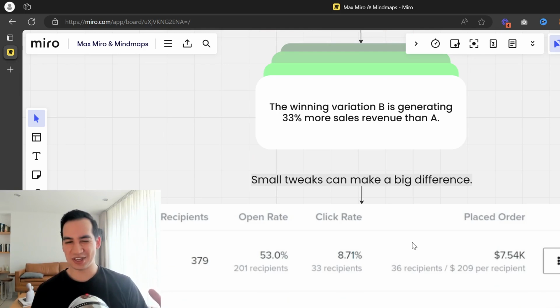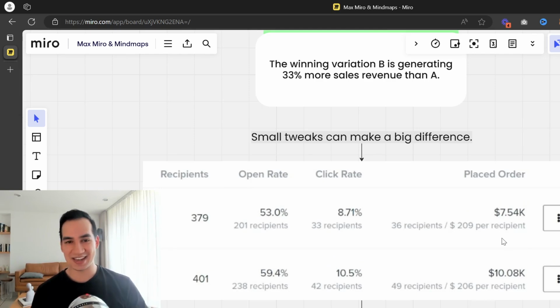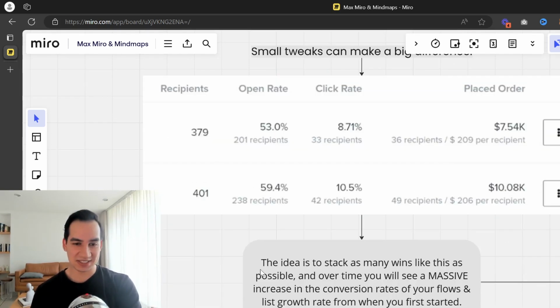They won't always make a huge difference, which is why you've got to test a bunch of different stuff. But around 10 to 20% of the time, one of the new variations you test is going to make a massive difference. As you can see right here, 33% more sales, as I said. So the idea is to stack as many wins like this as possible, and over time you'll see a massive increase in the conversion rates of your flows and list growth rate from when you first started.